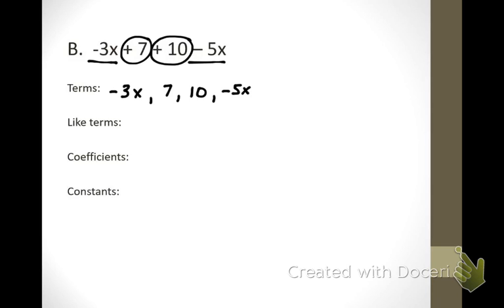Going on to the next one. Like terms. Remember, these are numbers or variables that are in the same family because they're alike. Let's start with negative 3x. Was there anything else that was like terms with that? There you go. Negative 3x and negative 5x.